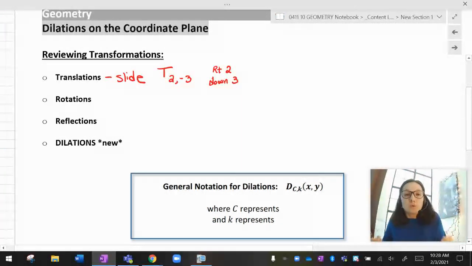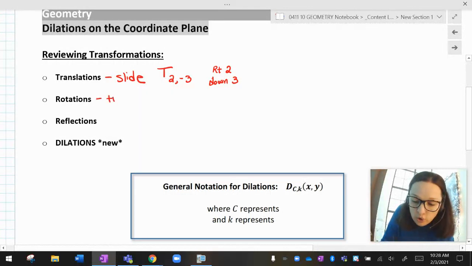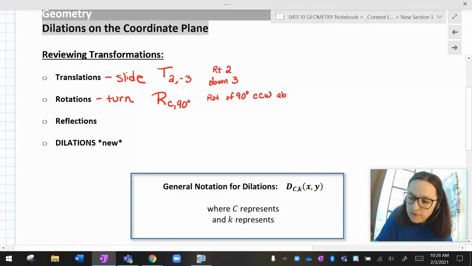So translations are a slide, rotations are a turn. And that's where you have a rotation around some kind of center of some kind of degree. So this would be a rotation of 90 degrees counterclockwise because it's positive, about point C.